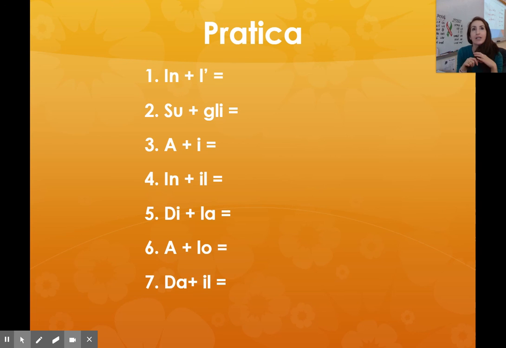This might be, for example, it's in the winter. Inverno is l'apostrophe, so it would be nell'. Sui, facile, we really just combine them, becomes sui. Ai, again, this is the biggest differenza quando parliamo, when we're talking, becomes ai.